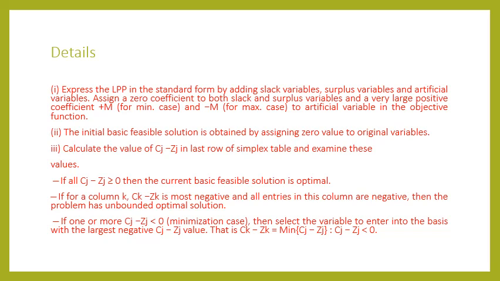Okay? The initial basic feasible solution is obtained by assigning zero value to original variables. Then we are going to calculate the value of Cj minus Zj in the last row, the row of the objective function, and examine this.